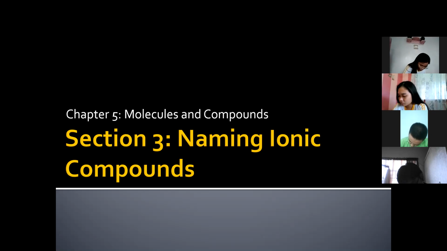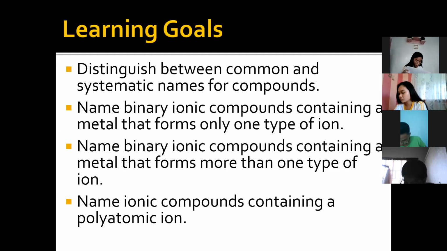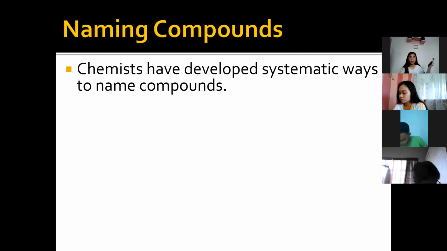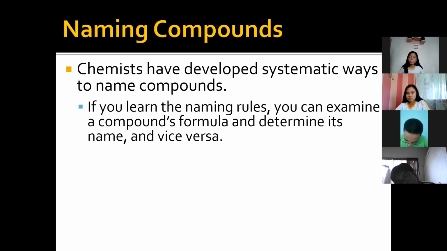Examples of polyatomic ions, please read your module. You have there different examples of such polyatomic ions. No? There are so many there. So, remind me this one. If we are going to name compounds, class, you have to follow rules.